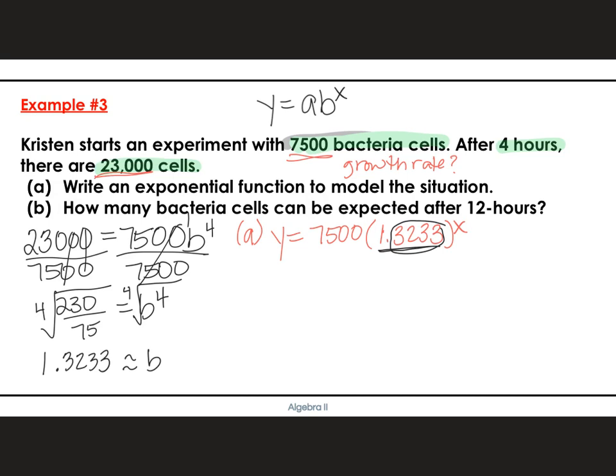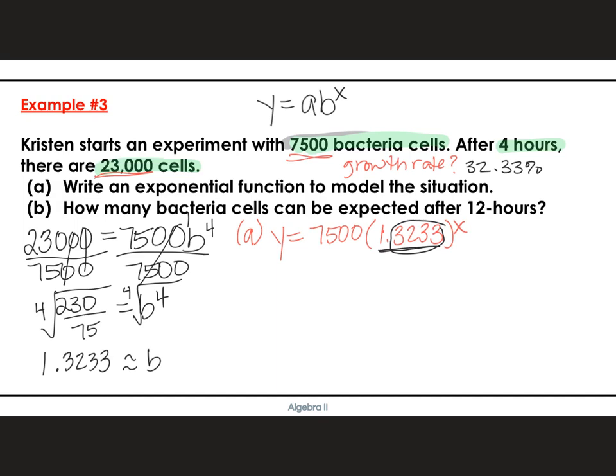So that 0.3233 is actually my growth rate. And in terms of writing that growth rate, we write it as a percent. So 0.3233 would actually be 32.33%. So my growth rate is 32.33%. That's just a little side piece of information kind of breaking down this equation.